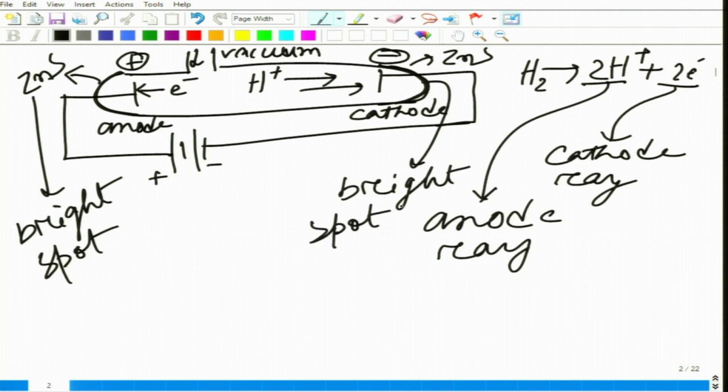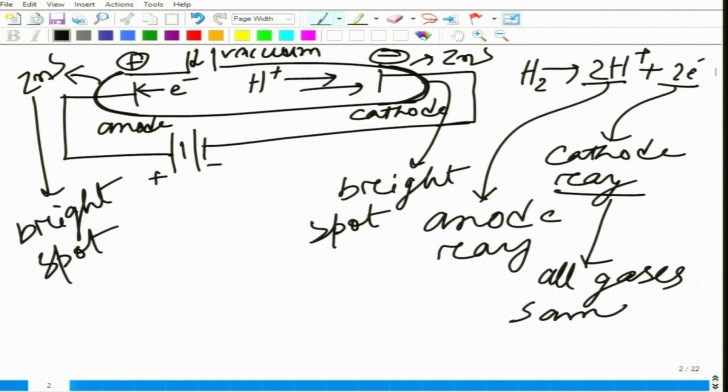But the crucial difference that was observed was that the cathode ray particles for all gases were same. These particles were called electrons.